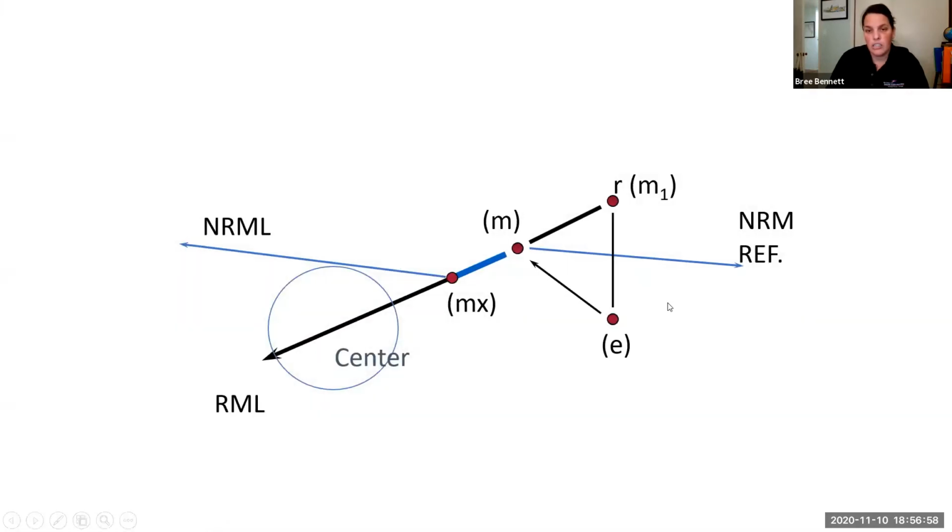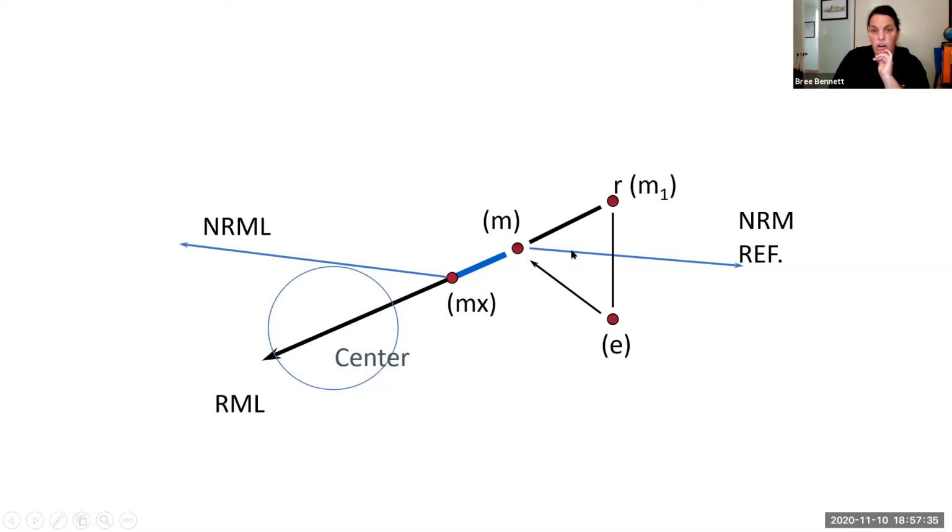If I change my course, so let me go back. So if I want to change my course, E is my start point. E is the start point for both true course and speed for myself and true course and speed for the other vessel. So if I want to maintain my speed but change my course, I need my E to R to be somewhere.